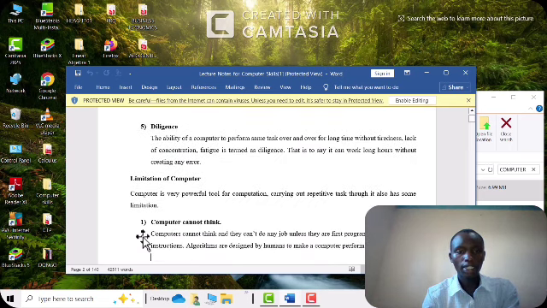The first limitation is that a computer cannot sing, or do a job like any man, unless it is first programmed with specific instructions.